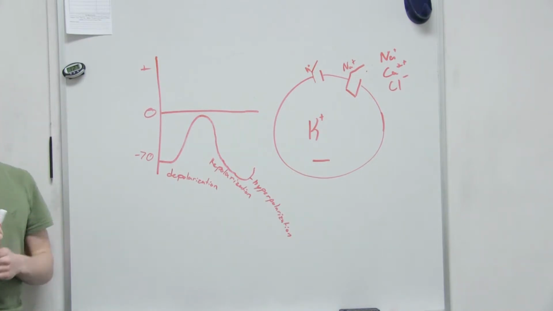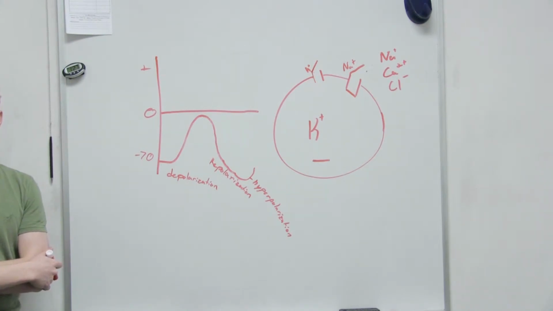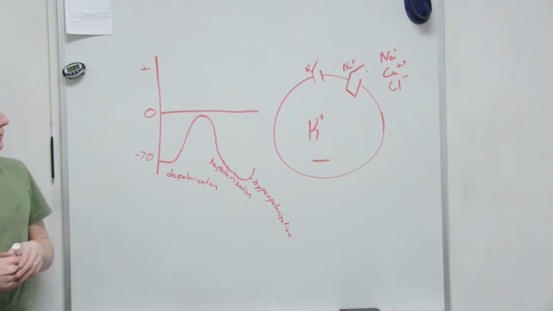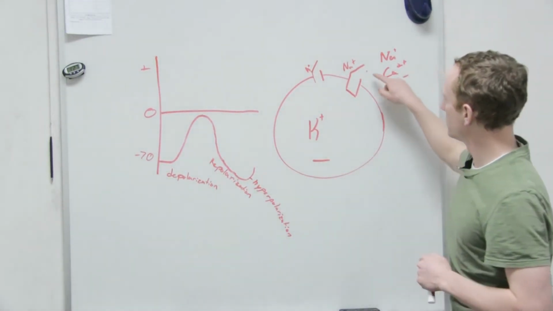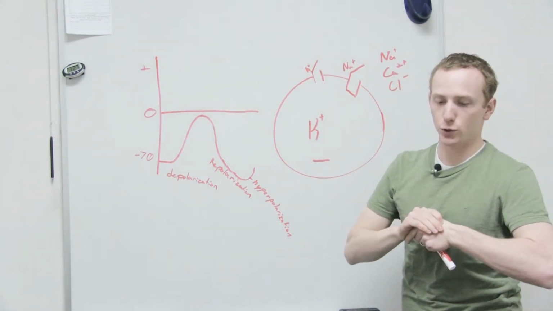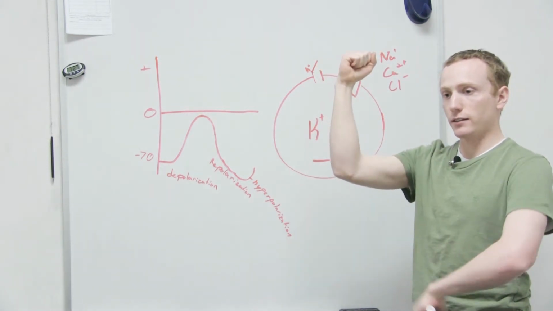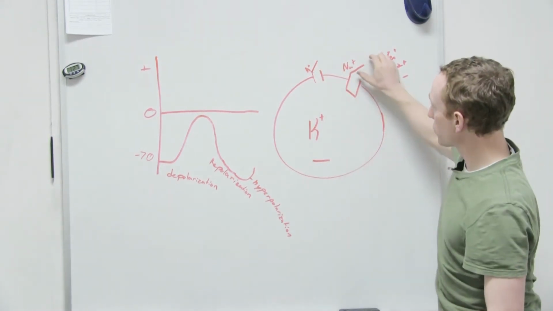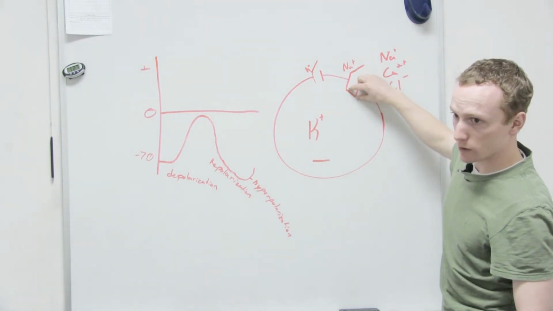Is there like a point where the sodium gates shut, or is it different? What it is, is right after. I would compare it to a rusted hinge. So this one's called the activation gate. This one's called the inactivation gate for sodium.